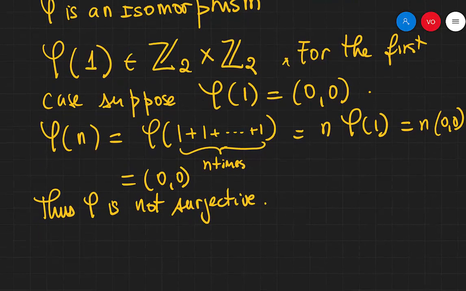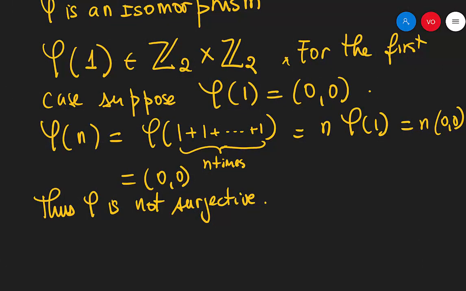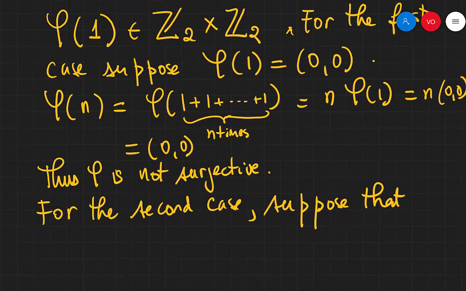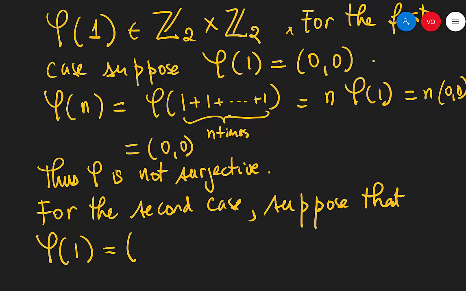Okay. What if we assume for the second case, suppose that phi of 1 is an element of the type Mn, which is not the identity.